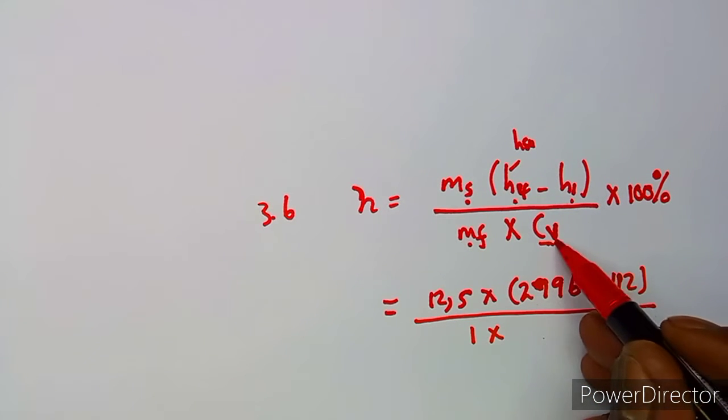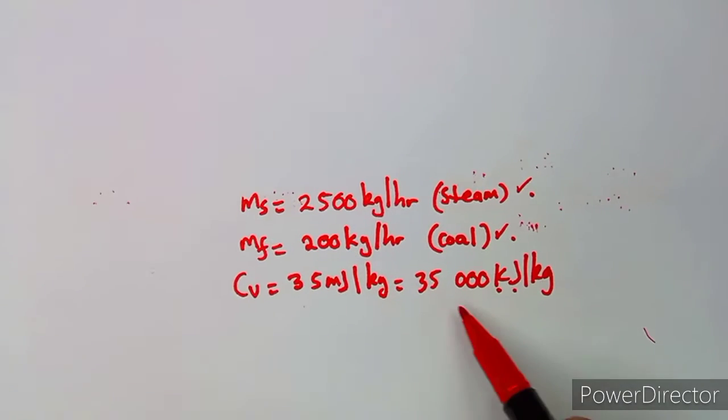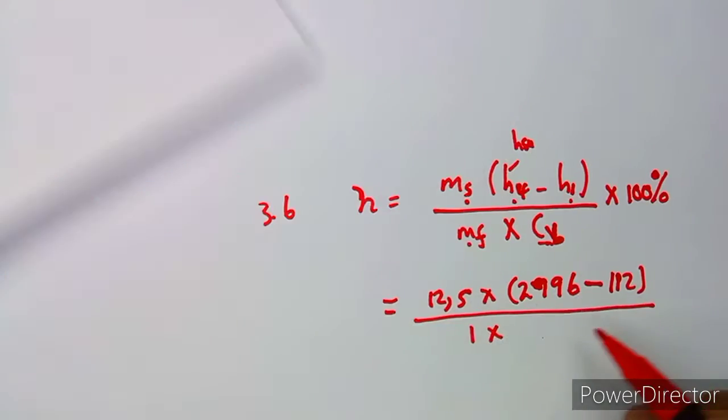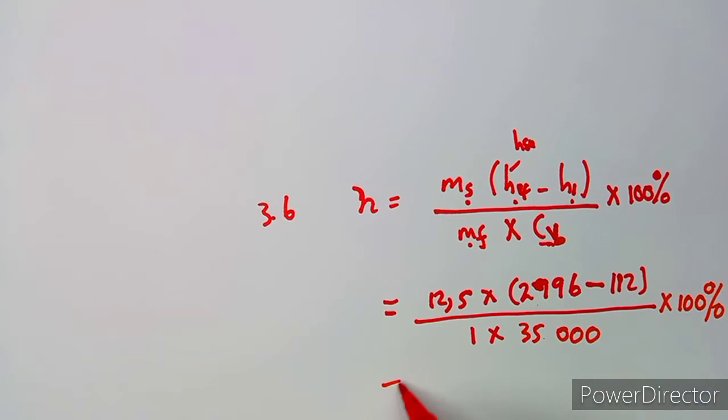Then take note here on the calorific value. Remember, I told you it must be in kilojoules, not megajoules. So here we converted this to kilojoules, which is 35,000. So it's 35,000 times 100%. That is where everything might go wrong on this value.